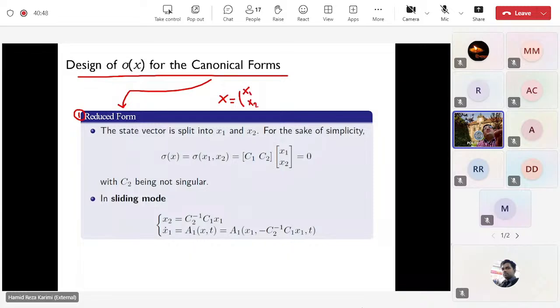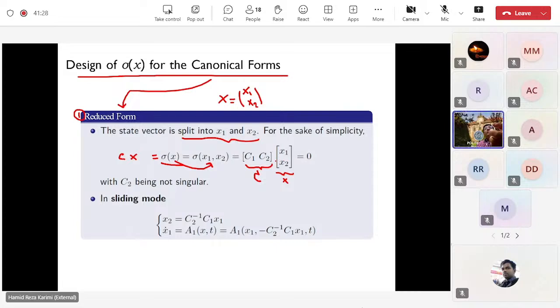You can split it into two parts, and then you can design sigma x like this. Sigma x is composed of x1, x2. And then you remember that sigma x should be C multiplied by x. This was the linear shape. Now x is x1, x2, and the matrix C can also be partitioned into C1, C2. Therefore, this could be the representation.